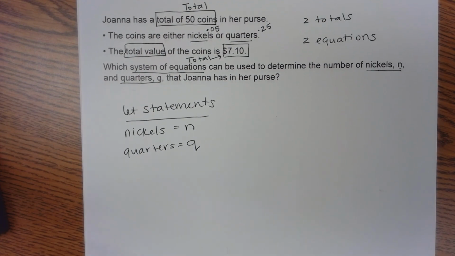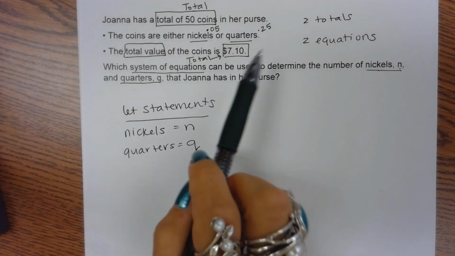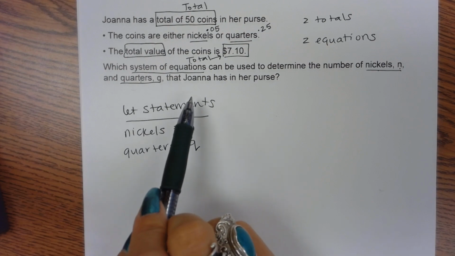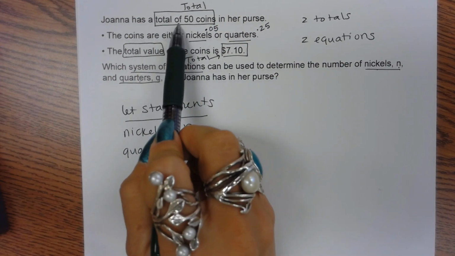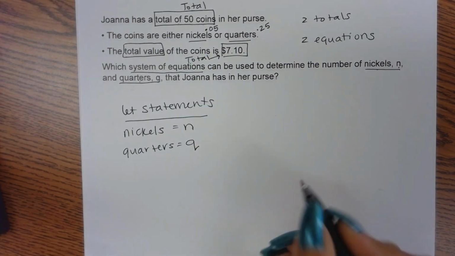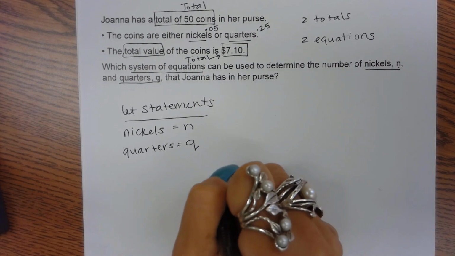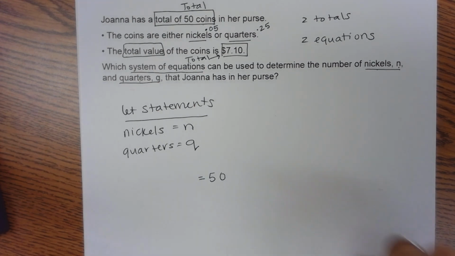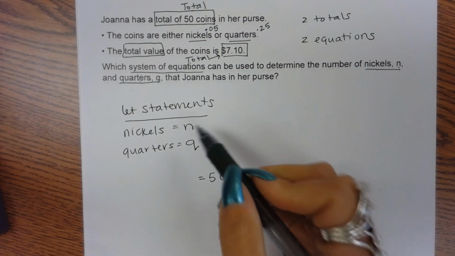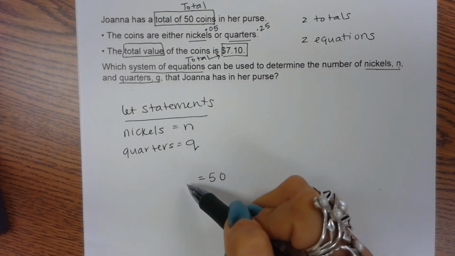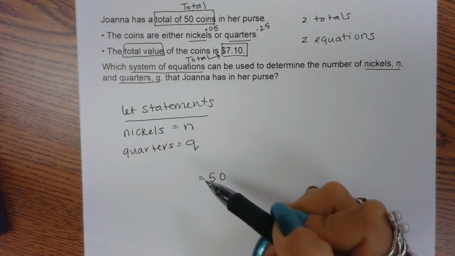So I know that there are two totals, so two equations. So let's work on our first equation, right? So we have a total of 50 coins, okay? So our first total is 50. So how many nickels are in her purse? I don't know.